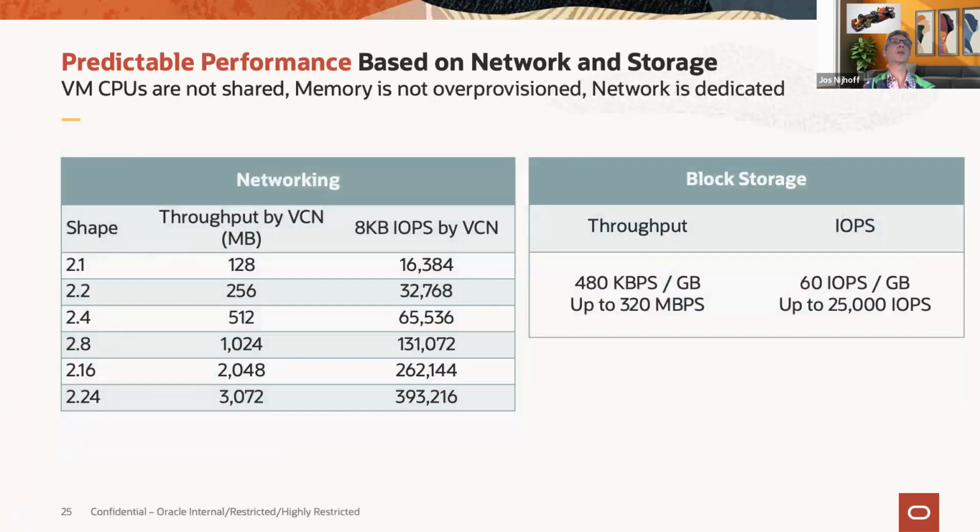Just one more important aspect: if you're running databases, you need some dedicated performance, some good I/O, and you want to know how much performance you can get for data retrieval from the storage. Here is a nice overview for your reference on how many I/O operations and how much throughput you can get for different shapes.